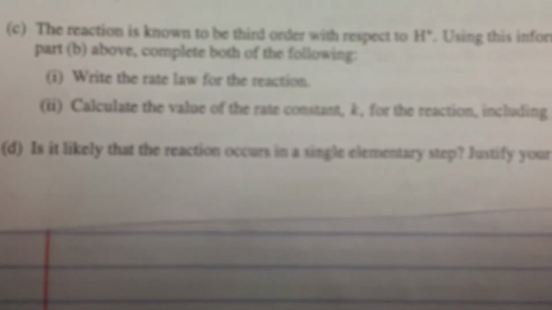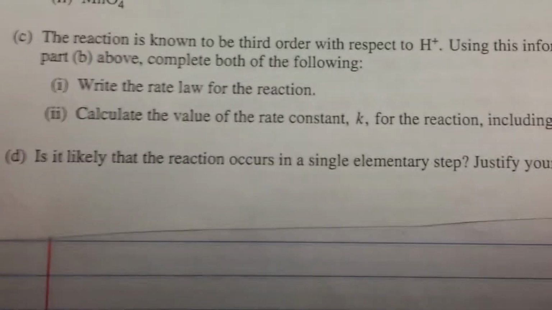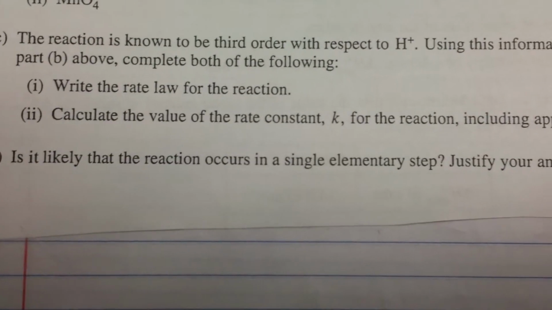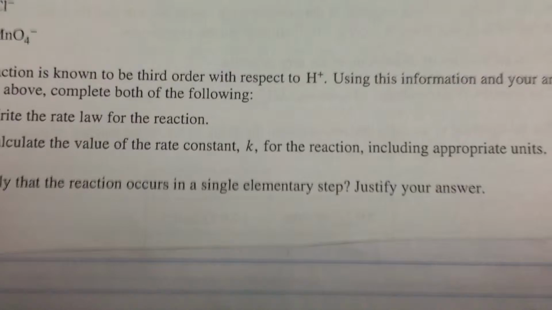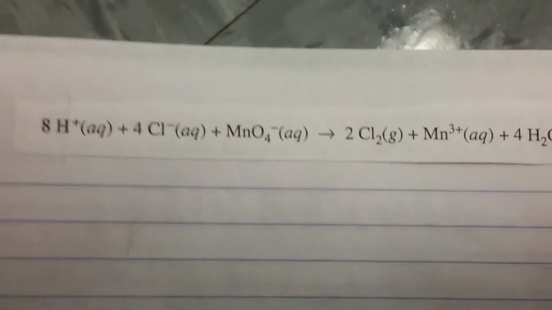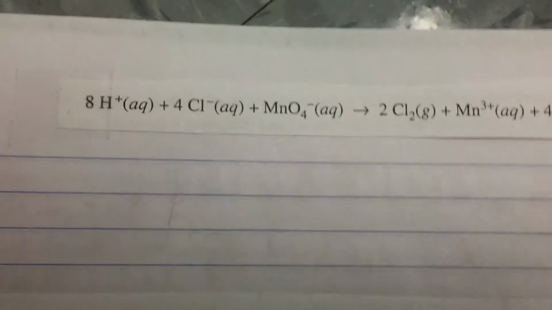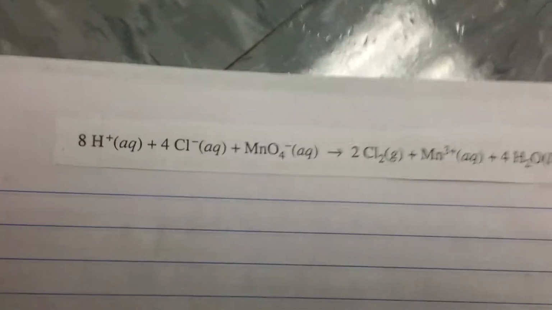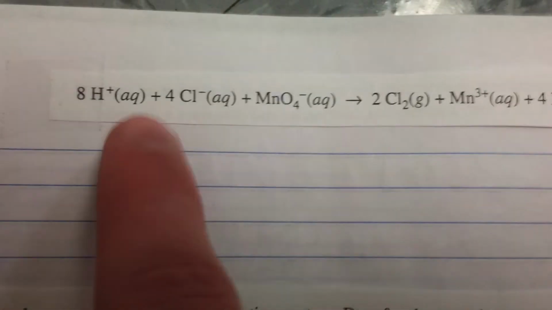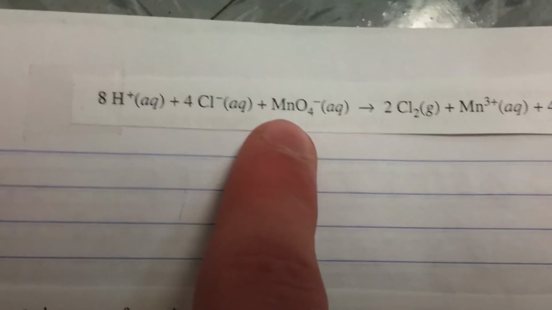Alright, and the last question on our free response question is, is it likely that a reaction occurs in a single elementary step? Well, I'll just talk through this one. As you can see, here's our reaction, and you can look at the coefficients of the reactants. H plus is 8, and then 4, and then 1.